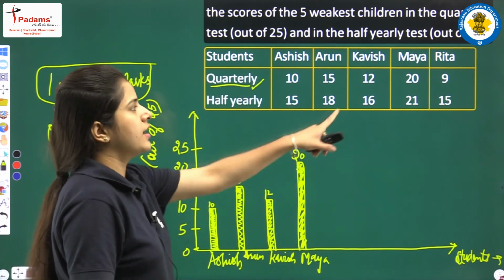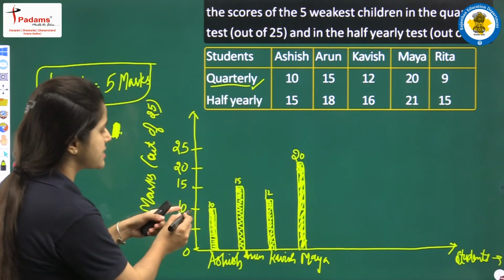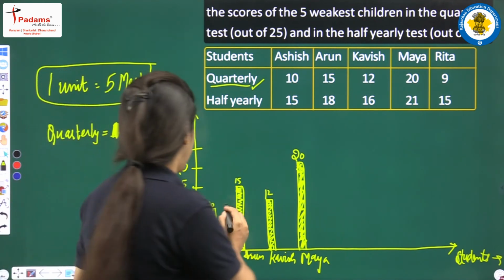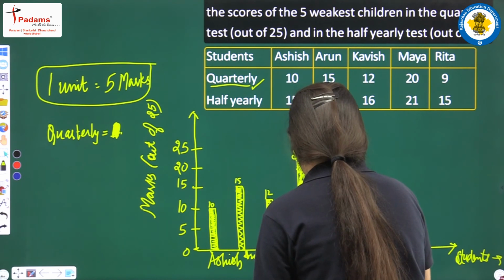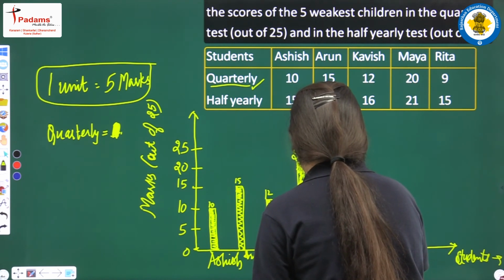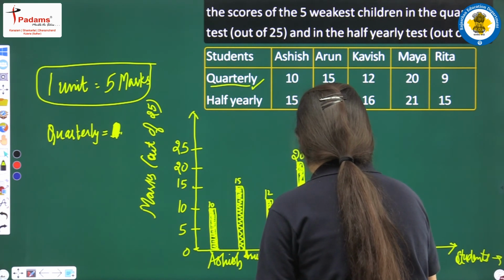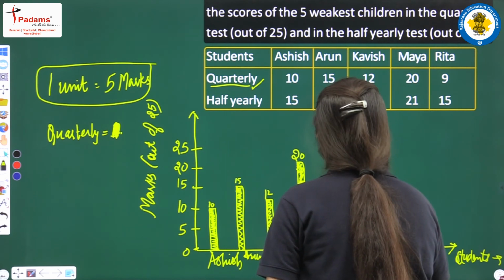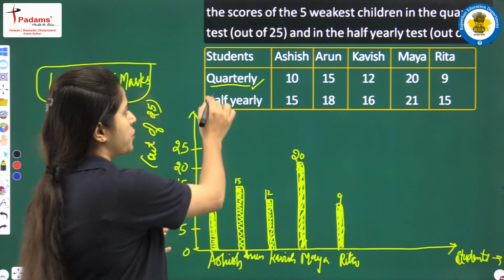Now marks obtained by Rita is 9. Rita is getting 9 marks, and 9 marks will be very close to 10, between the scale of 5 to 10. Marks of Rita.